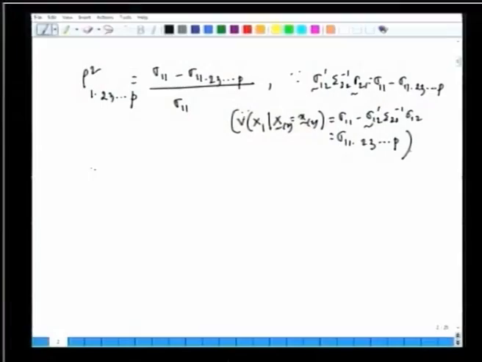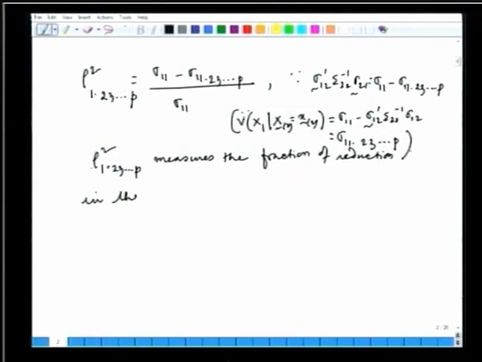So, what we say is that the square of the correlation coefficient in the case of the multivariate normal distribution gives me an interpretation that rho 1 dot 2 3 to p, the square of it, measures the fraction of reduction in the variance, that is the unconditional variance of x1.